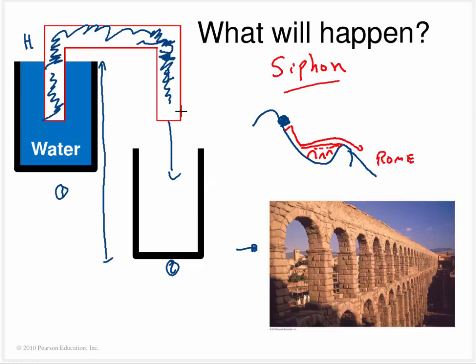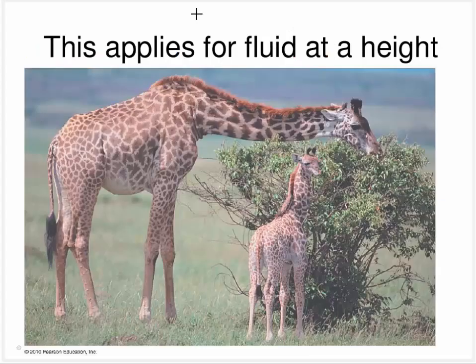But if you think about it, it doesn't matter what happens in the middle. That water could perfectly well flow down, flow back up, and come back down to Rome. The only thing that matters is this is going to be high pressure, this is going to be low pressure, and the middle doesn't matter. It's only the endpoints that matter.